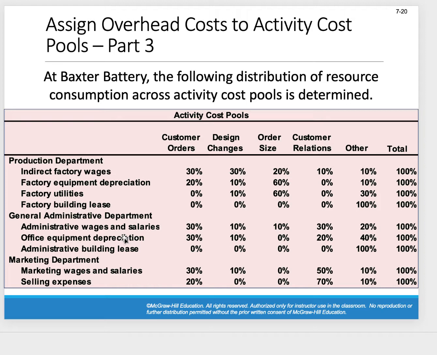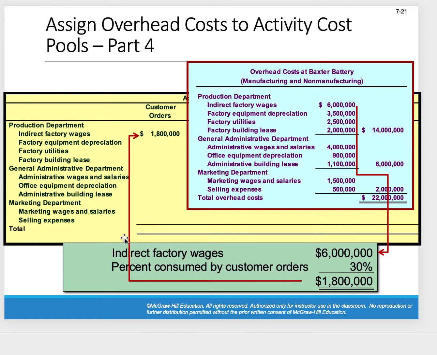Okay. So this is a very long and drawn out process in the real world. In academia, in our class, they're going to give us our percentages. They're going to tell us the percentage of time or the percentage of consumption of resources that go into each activity cost pool. Okay? So now we have all our information.